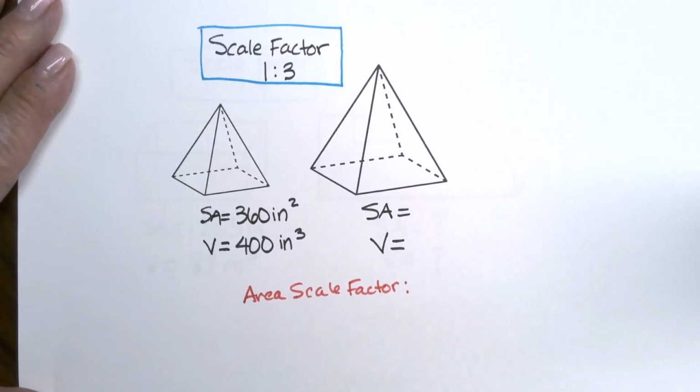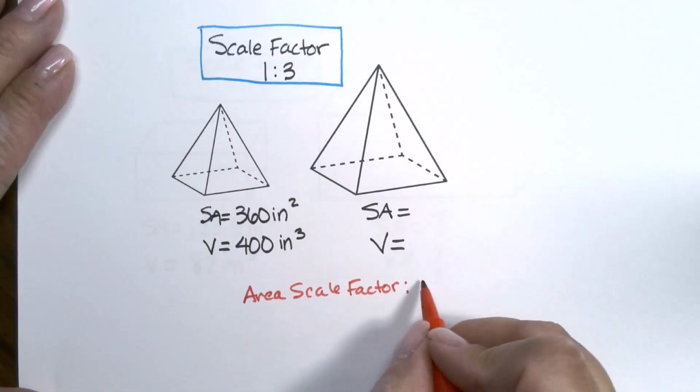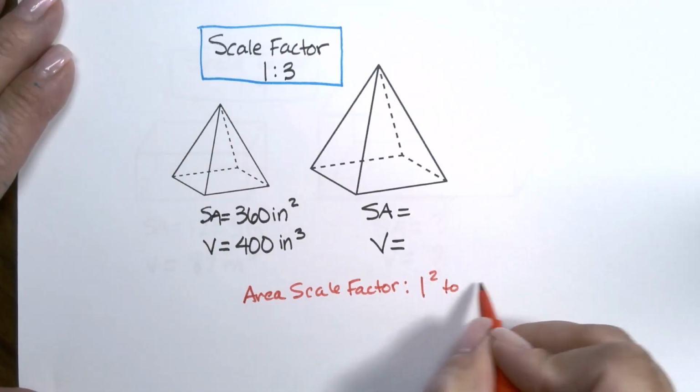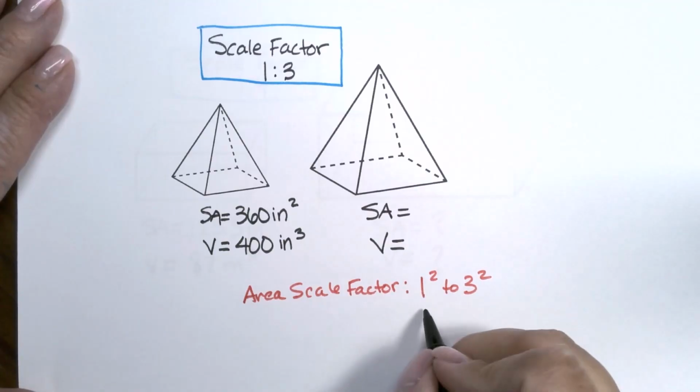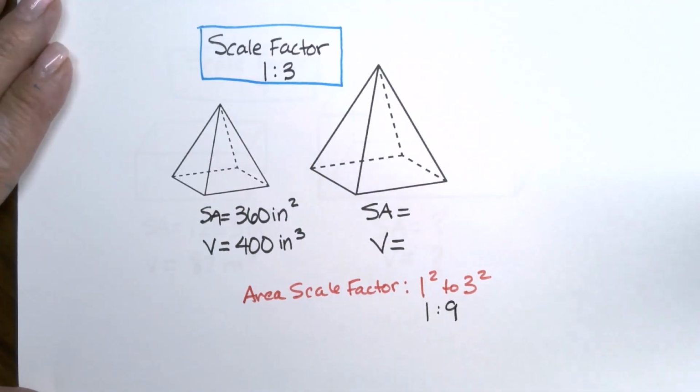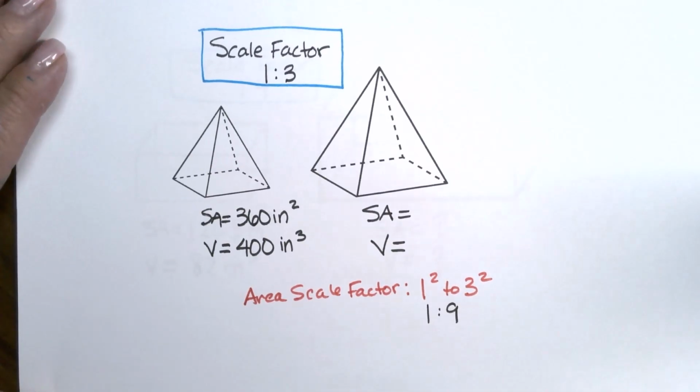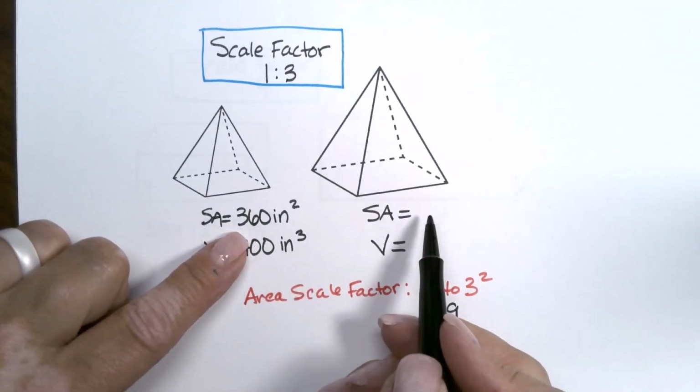So it's going to be 1 squared to 3 squared, which would be 1 to 9. So I need to take this times 9.